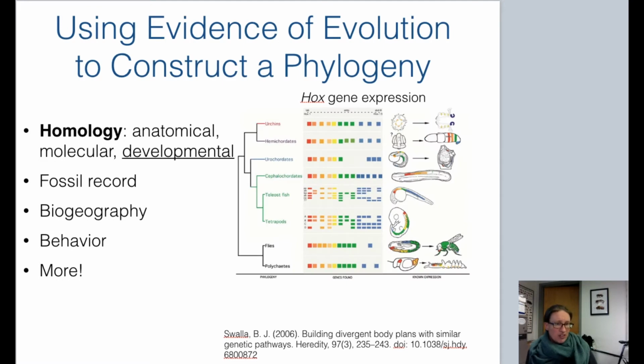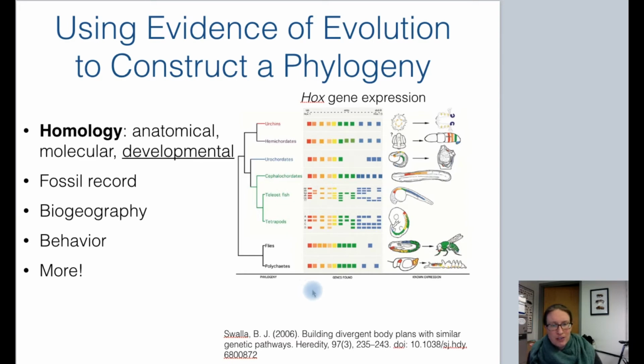It's also possible to use some developmental information when constructing a phylogeny. What I'm showing in this slide is genes and patterns of gene expression during early development across a wide range of different organisms. I talked a bit about some of these developmental genes when I was talking about gene regulation, and it turns out that copies of these genes can be found across a very wide range of organisms.